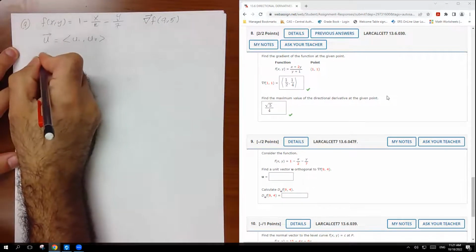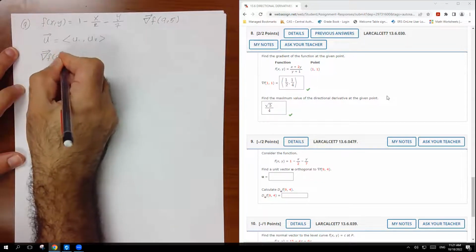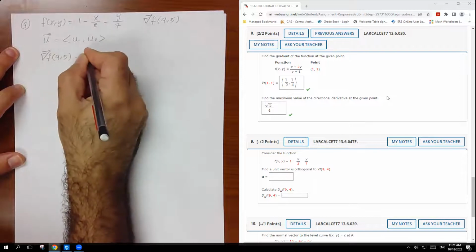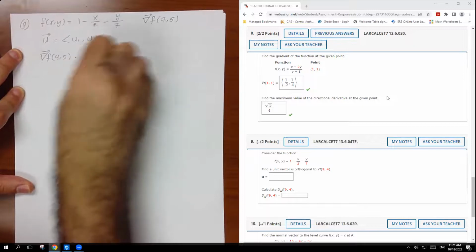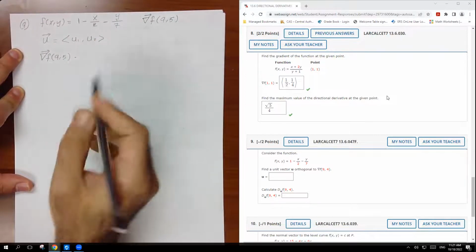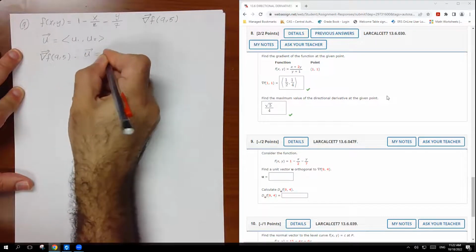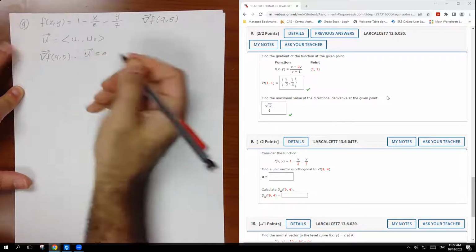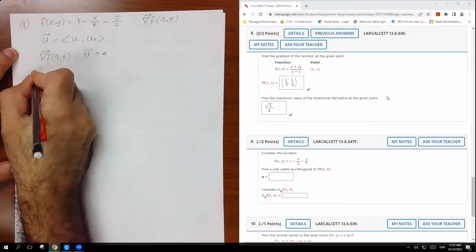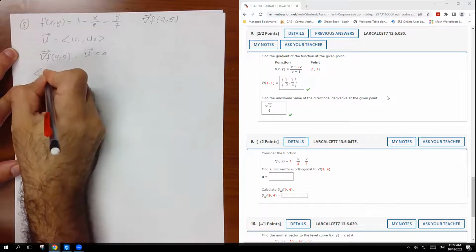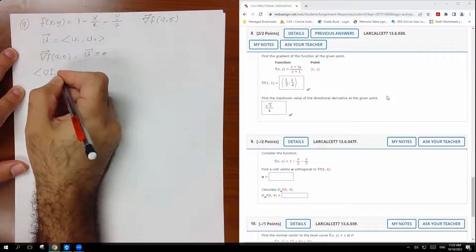So the gradient of the function f at the point 9, 5, dot product with the unit vector, equals 0 because they are orthogonal. That's what they're telling you. That means the components of the gradients are going to be f sub 1 and f sub 2.